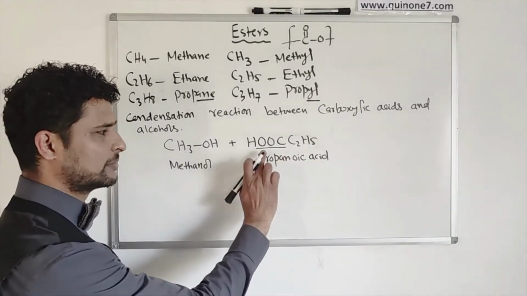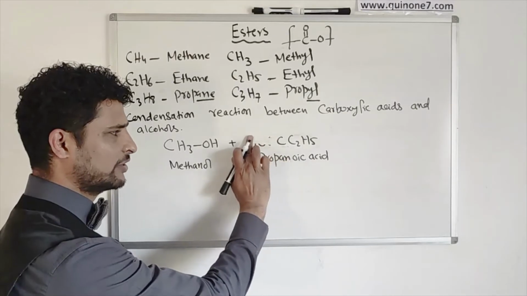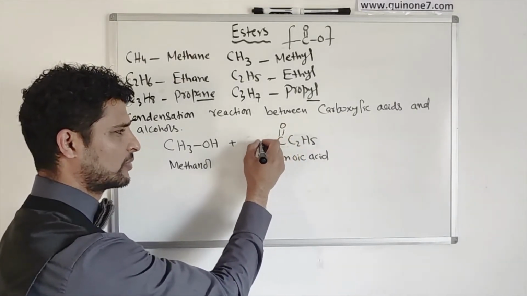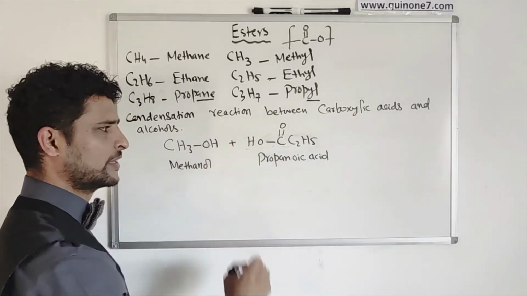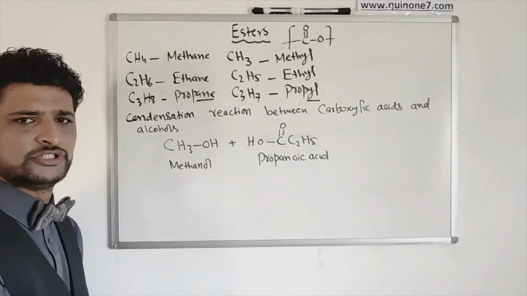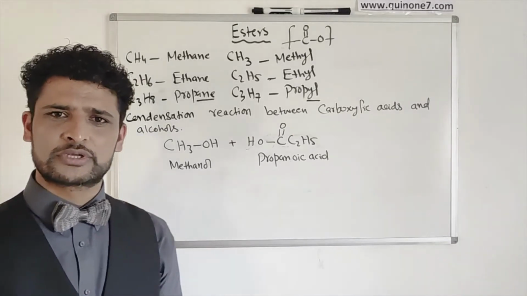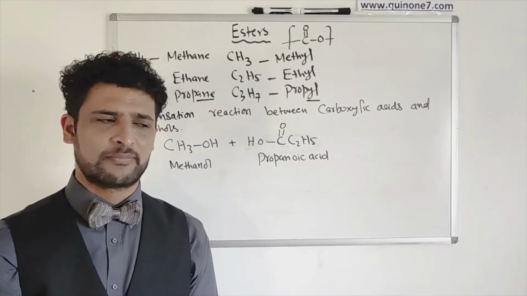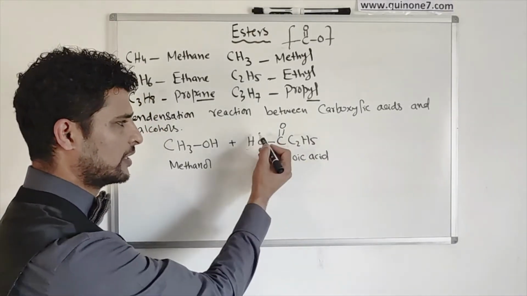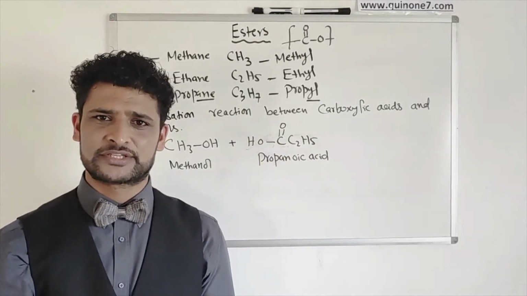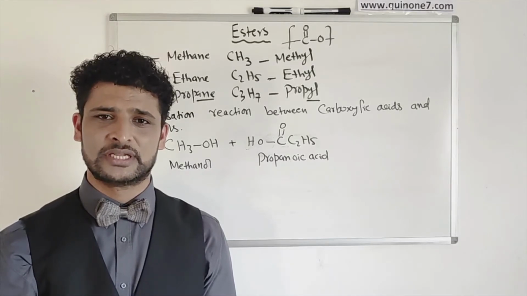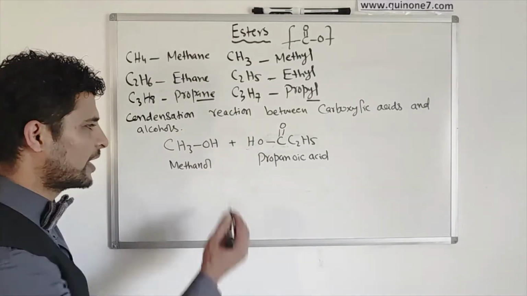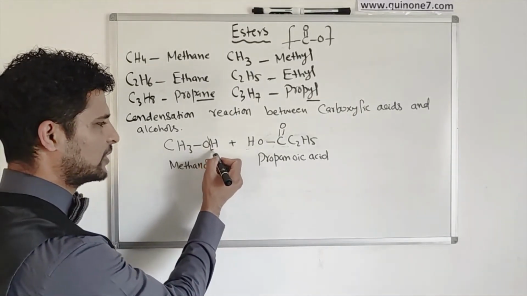Now I also said in the previous video that you can draw the structure like that. This COOH can be drawn like this, C double bond O, then OH. Generally, carboxylic acids give H positive ion and produce the rest of the molecule when they undergo normal reactions. But when they undergo a condensation reaction, they release the whole OH group, and the H positive ion will come from the alcohol.